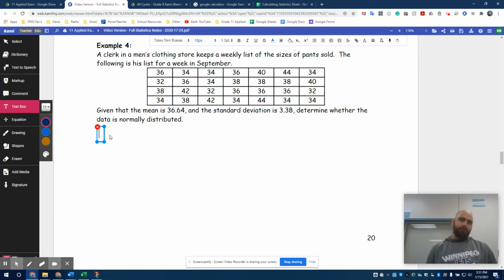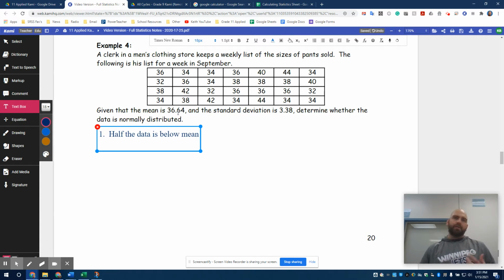Criteria number 1. Okay, so criteria number 1 states half the data is below the mean or above the mean. So let's count up how many are less than 36.64.